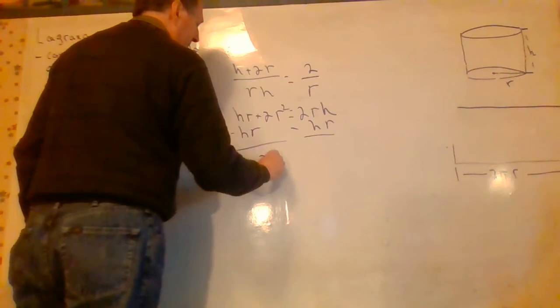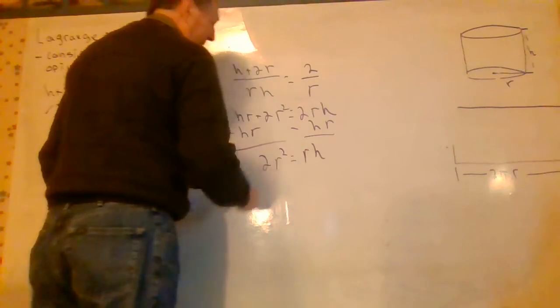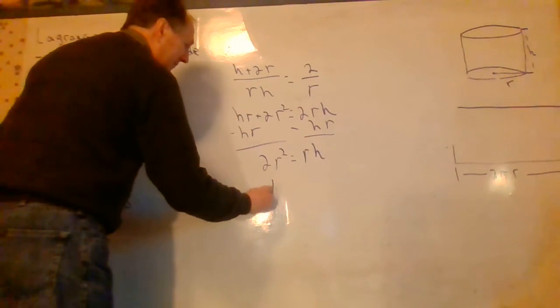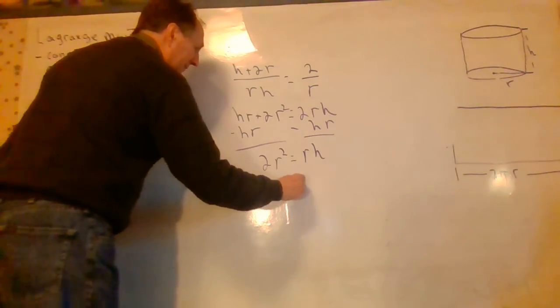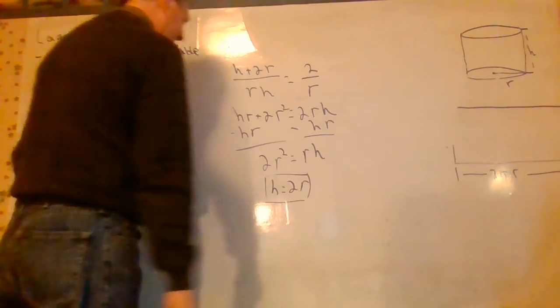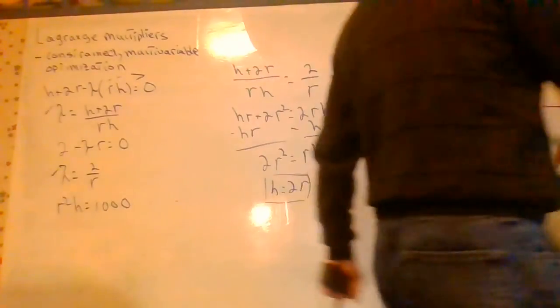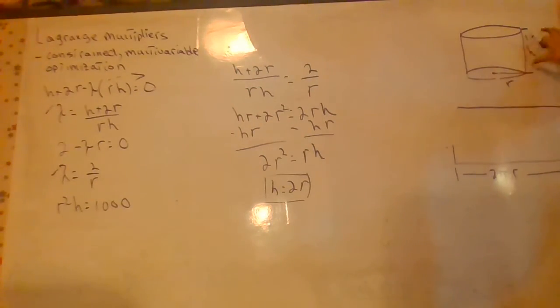Subtract 2r squared: equals rh. You can divide by r. h equals 2r. There's an interesting relationship. That tells you that the height is equal to the diameter. So the proportions are, from the side, it's going to look like a square. So that tends to optimize things when you have a cylindrical can.